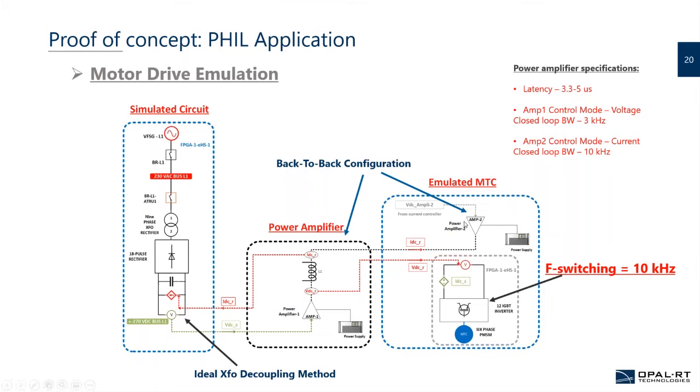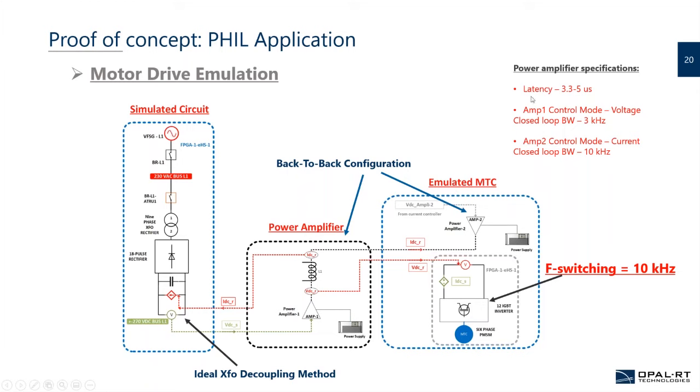So this amplifier normally is controlled in control mode in order to generate the real current, the real power. So we have two amplifiers that are forming a back-to-back configuration together.